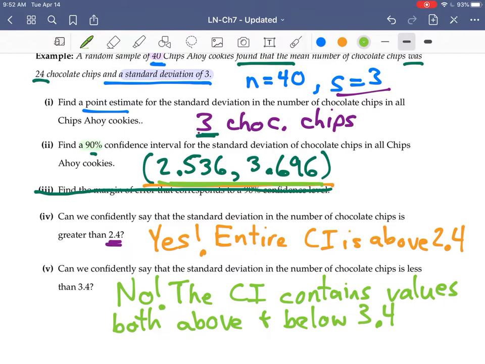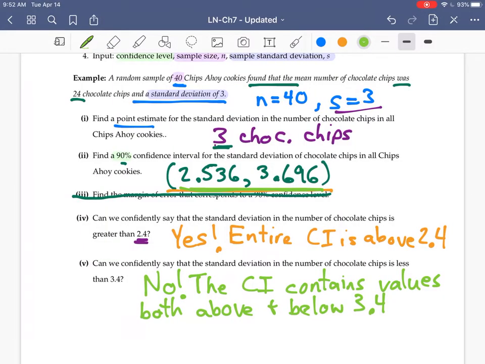Even though most of those values are less than 3.4, and even though we got a sample with a standard deviation of 3, when we build out that confidence interval, it contains values bigger than 3.4. So we cannot say that with confidence.